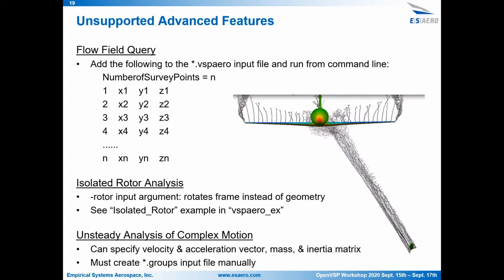Like I said, you have to modify the groups input file manually. But these are some of the capabilities that you can do through the command line if the OpenVSP GUI is not supporting it.